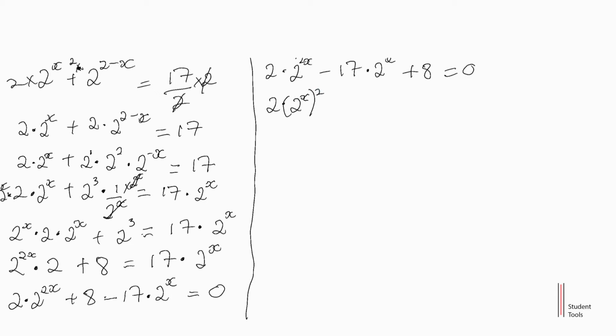We just manipulated that so that it can look like a quadratic equation. If you are confused, don't worry about it. You'll see it as we go. So minus 17 multiplied by 2 to the power x. So there's nothing changing about that. And then we bring down the plus 8 equal to 0.